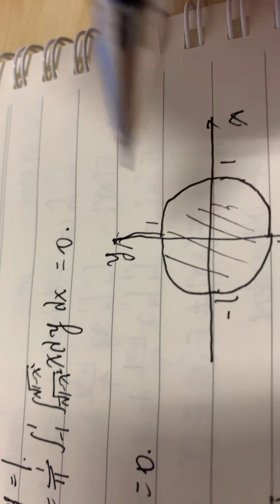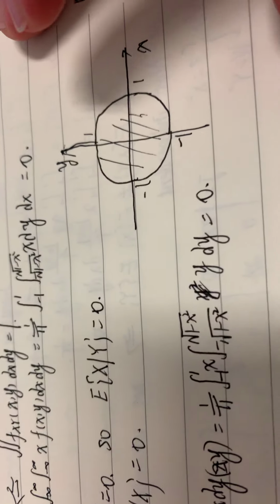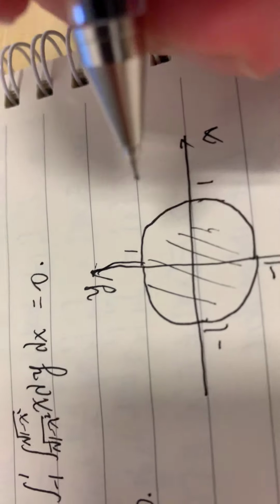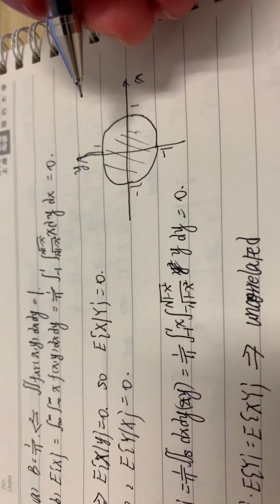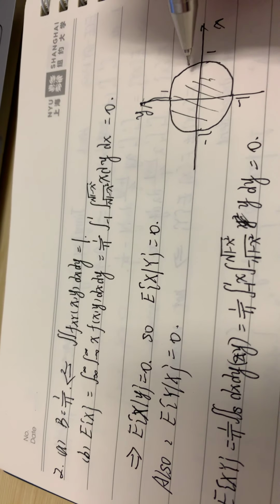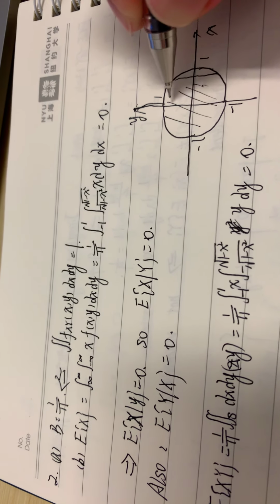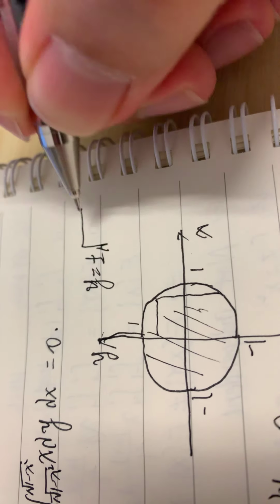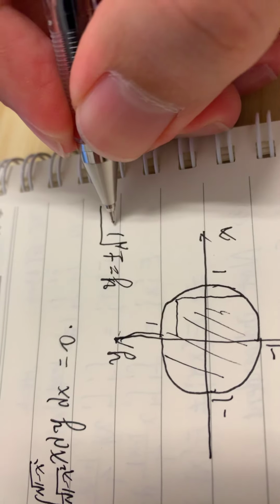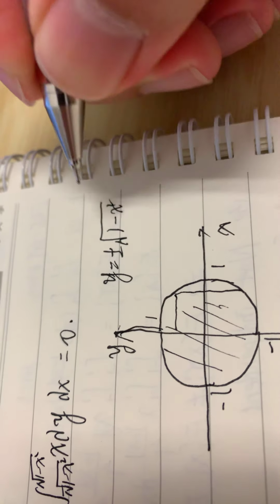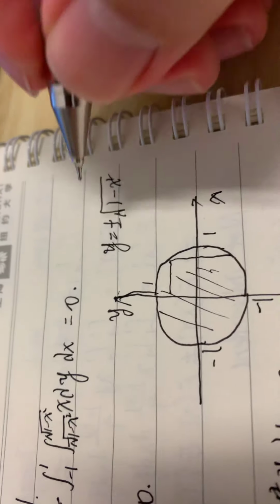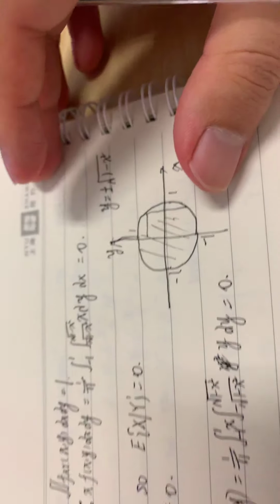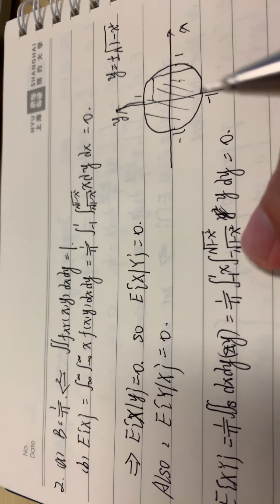That's the whole area. When we fix x, like x is right here, y should equal what? y should equal plus or minus the square root of 1 minus x squared.